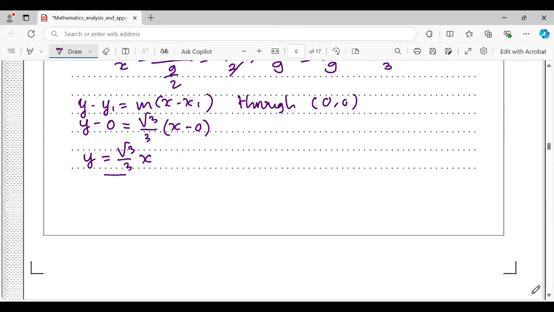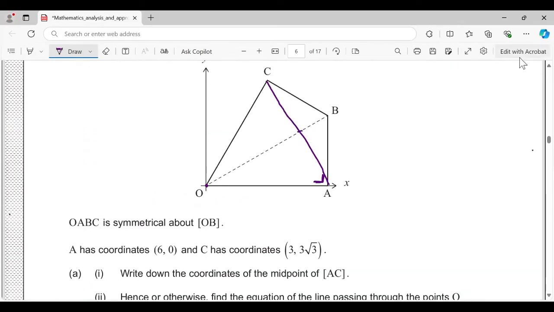Okay, so at point B, we need to find the coordinate point B. According to the information that A is 6, 0, this is 6. Now we're going to find how much y is.